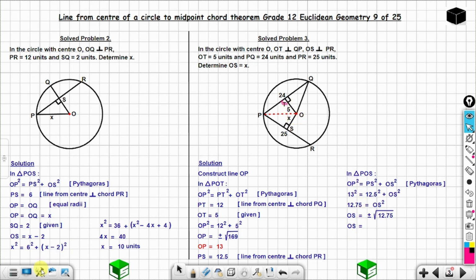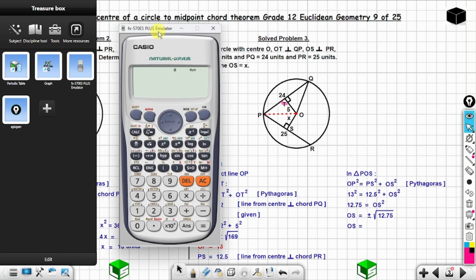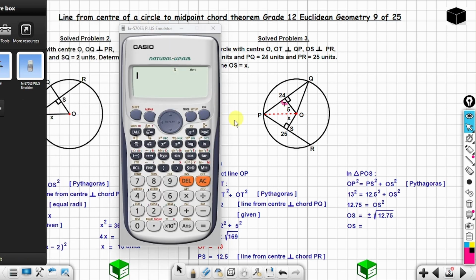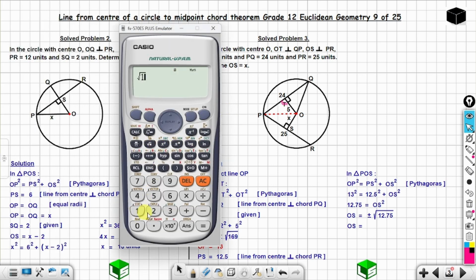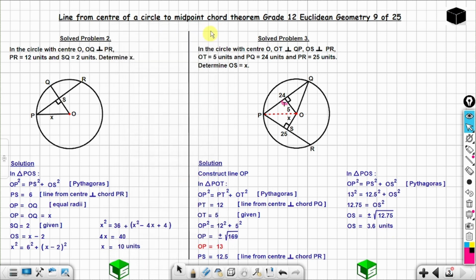So, using your calculator, the square root of 12.75 is 3.6. OS is 3.6 units. So we are done with 9 of 25.